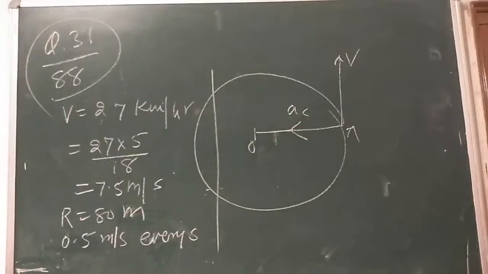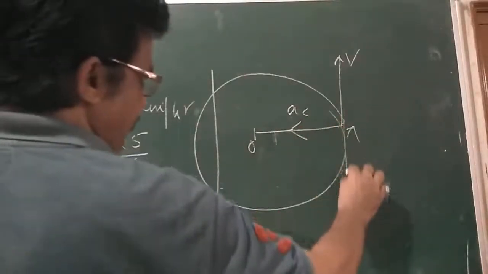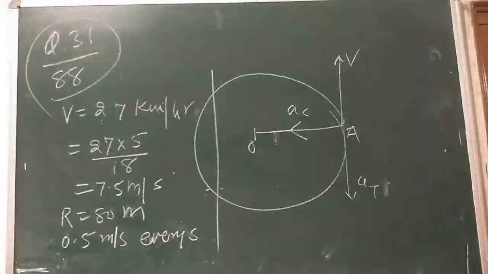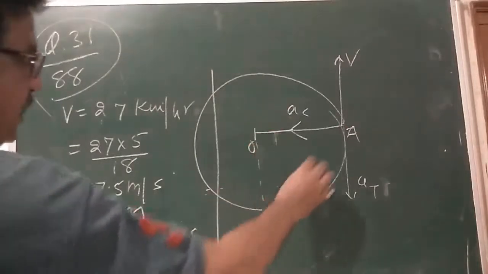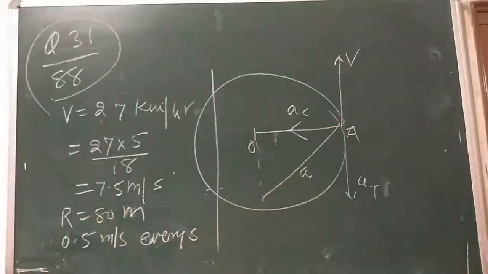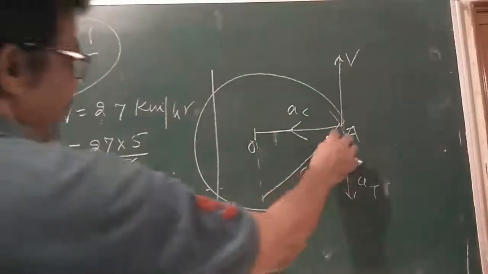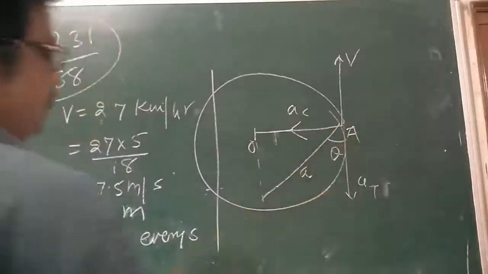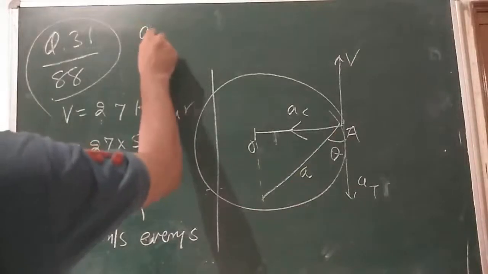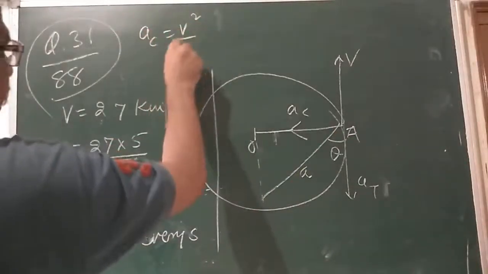The tangential acceleration here is AT. Here is a point A. AC and AT, the resultant would be here. This is A. It makes an angle theta. Draw this diagram.